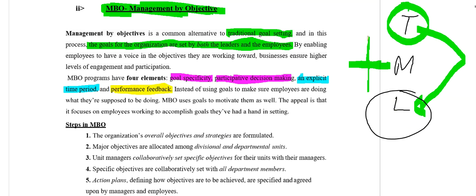So first of all, goals are set by top level management and low level management. Then they decide goals after mutual understanding. Then low level management starts performing, and top level management gives review and feedback to low level management on the performance made by the employees.